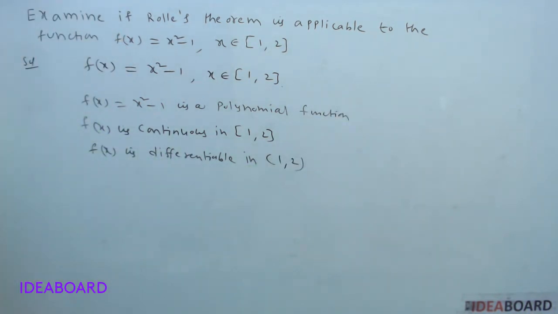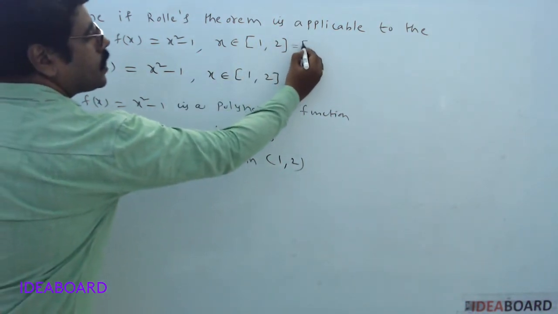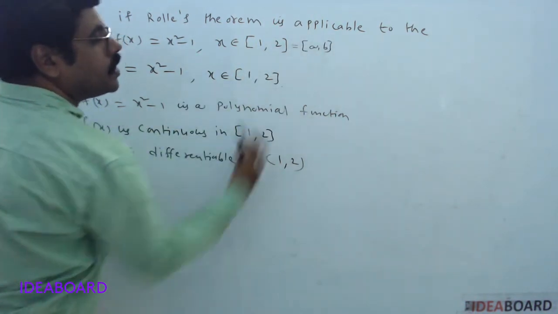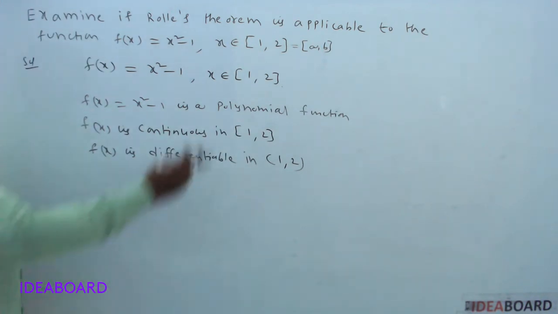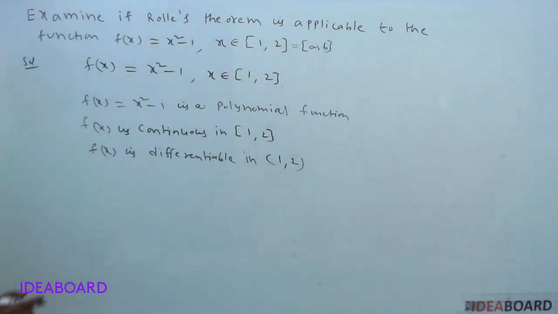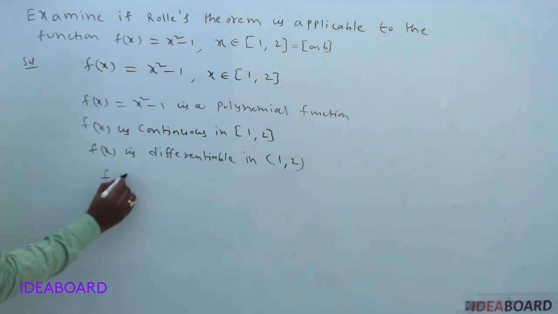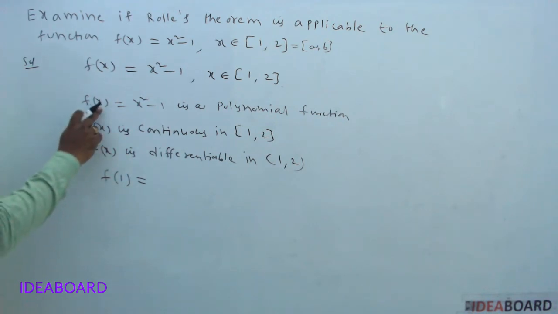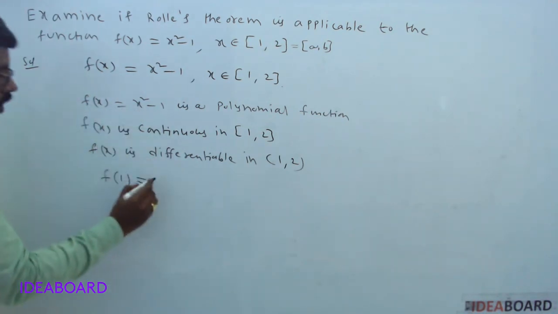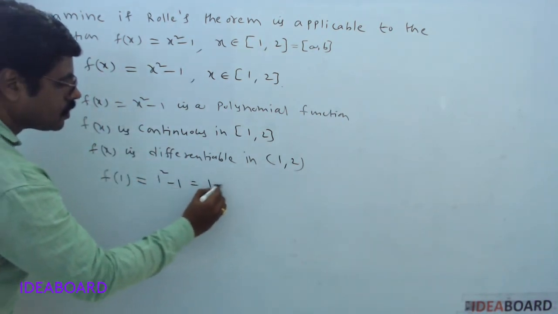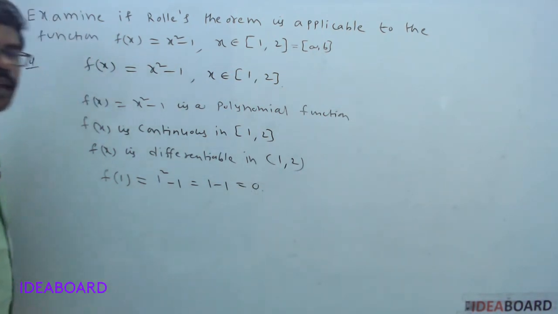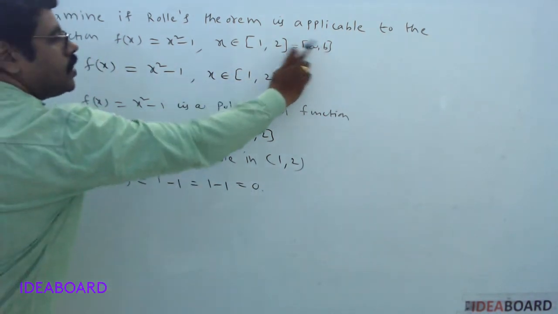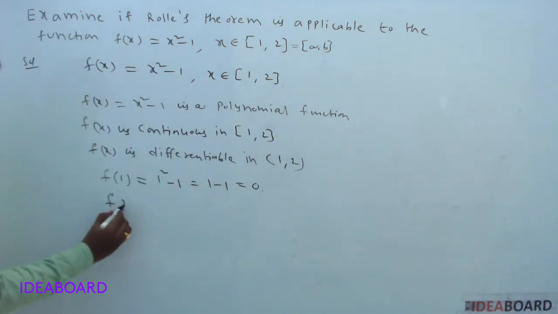Then calculate the third condition, f of a and f of b. So comparing the given interval with a comma b, what is the a value? 1. What is the b value? 2. F of 1, in this function f of x, substituting x equals 1, is 1 square minus 1, 1 minus 1, it is 0. Calculate f of 2.